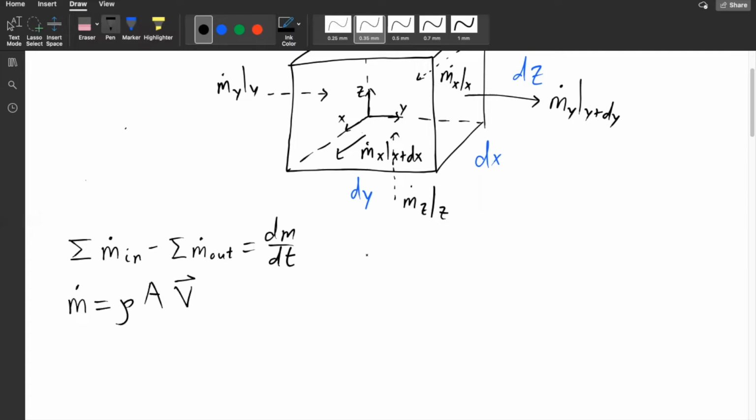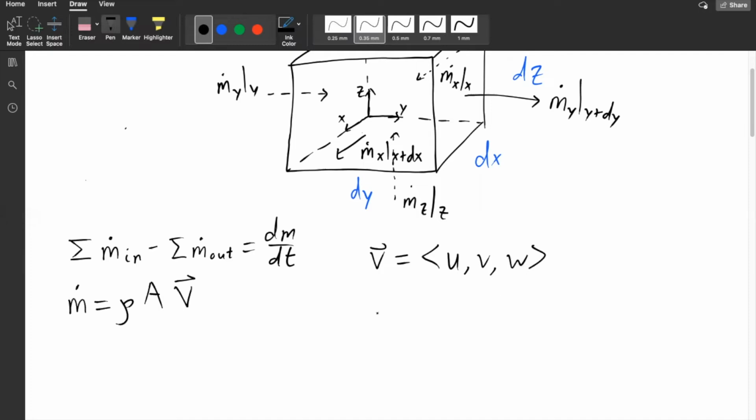The V vector is the velocity, with components u, v, and w. u is the velocity in the x direction, v is the velocity in the y direction, and w is the velocity in the z direction.